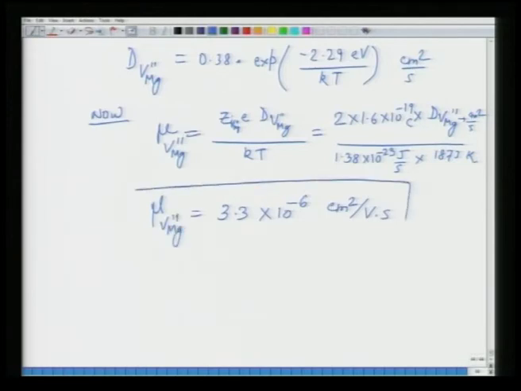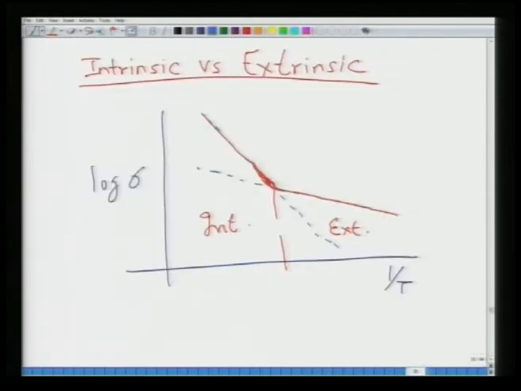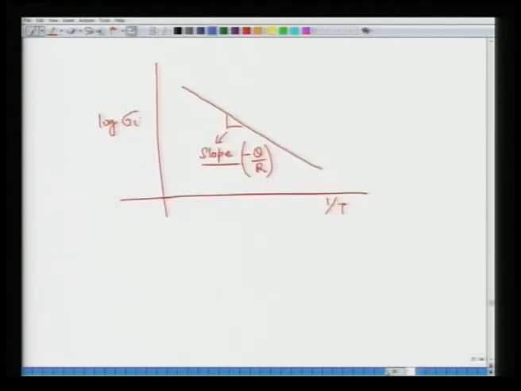From this I can calculate sigma_Vmg. If you go to the previous expressions, let me see on which page we were.